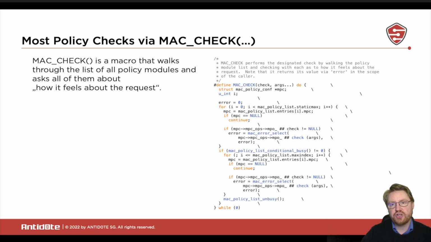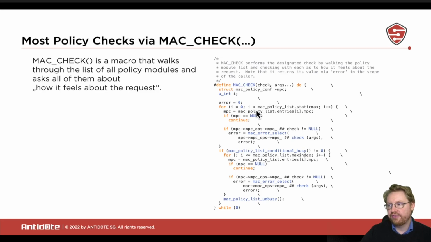It is one giant macro that looks very scary, but in reality it's quite simple what it does. It basically has internally two lists of MAC policies. One is the static policies, and the other one is then the dynamic list of policies that can be loaded.